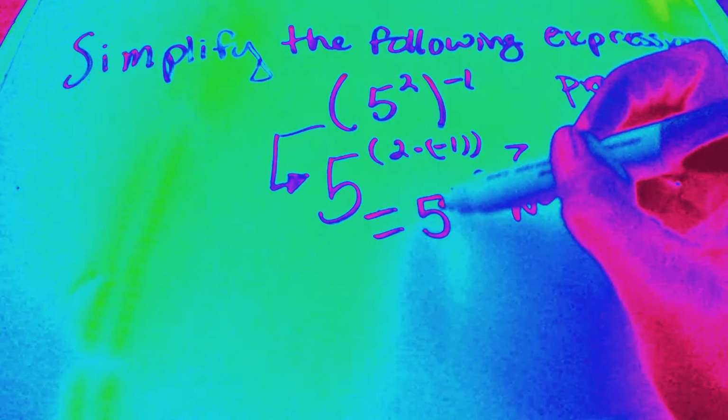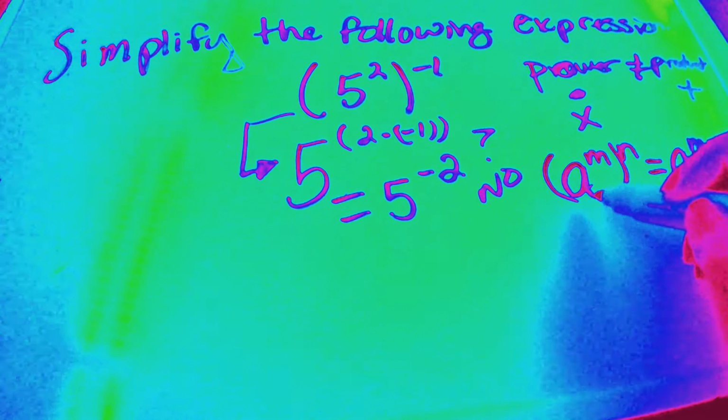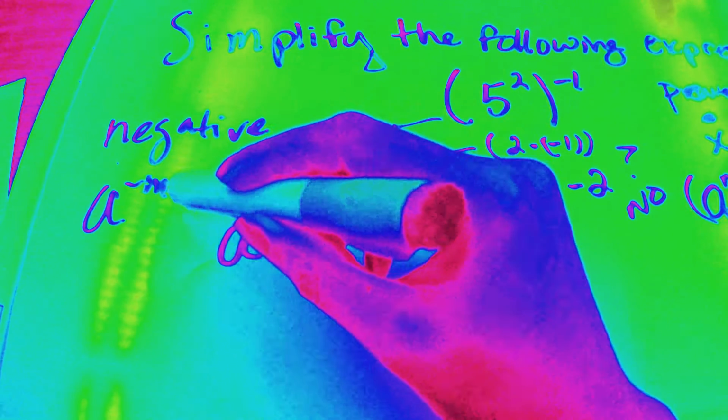So, what rule is this? This is now the negative rule. And I'll write over here because I have a little bit more room. The negative rule for exponents states that when you have a number to the negative power, then you put a 1 over that number and change the negative power to positive.